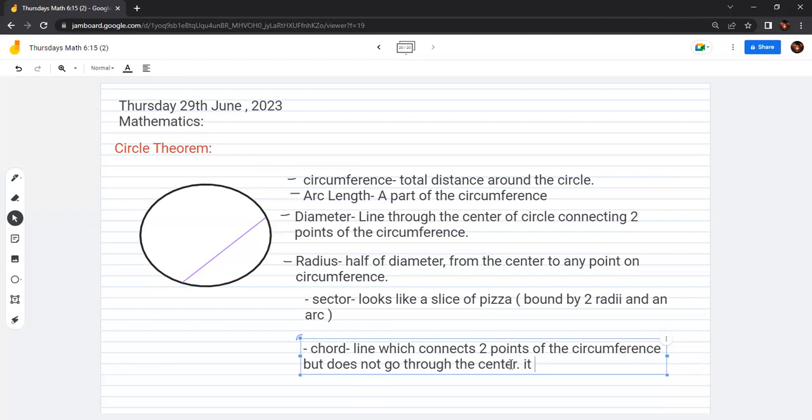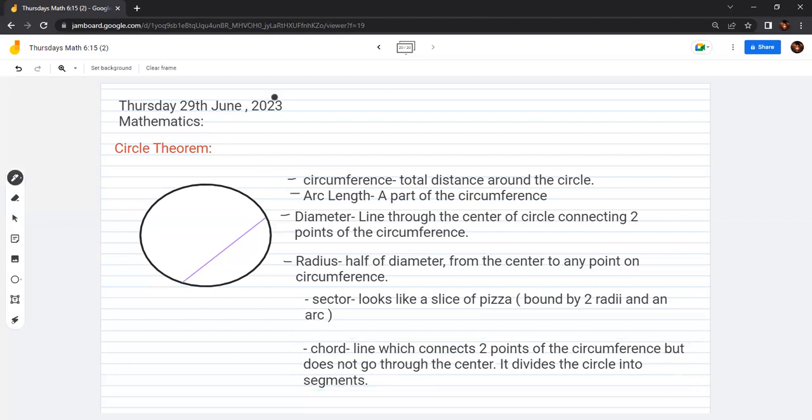It divides the circle into segments. If we look at this, we have the smaller segment, which we'll call the minor segment, and then the bigger segment, which we'll call the major segment.